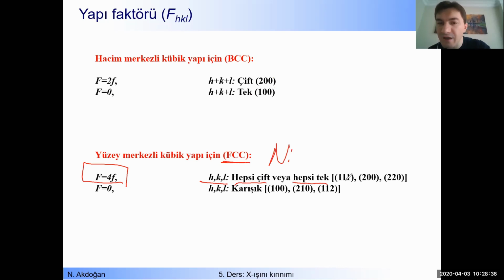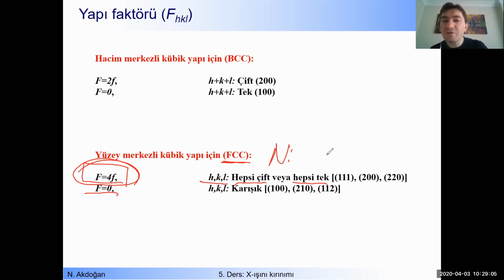Here, for example, we have 111, 200, 220, then we get diffraction signal from the nickel FCC crystals. But if we have mixed HKL numbers like odd, even, even, or even, odd, even, then the structure factor is 0. So this is the importance of structure factor.